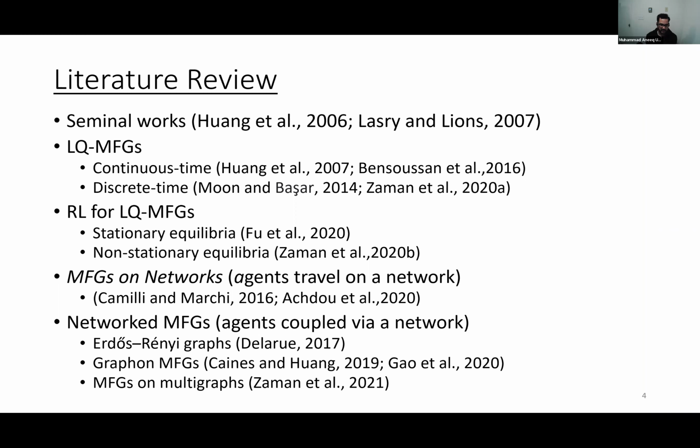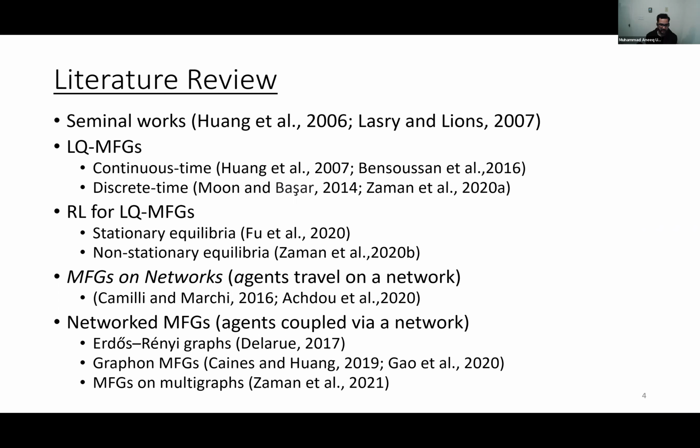People used mean field games over Erdős-Renyi graphs by Delahou, and of course there are works on graphon mean field games by Peter Keynes and Huang, and a lot of work since then. We also had a recent work on mean field games on multigraphs, which is a slightly different take on this setting.